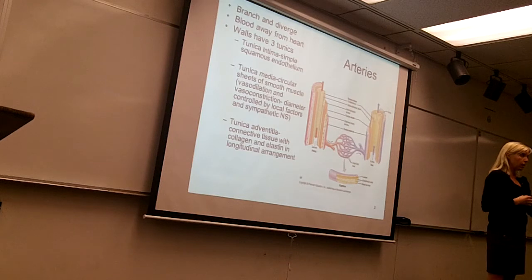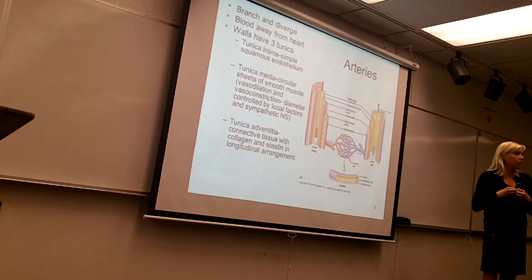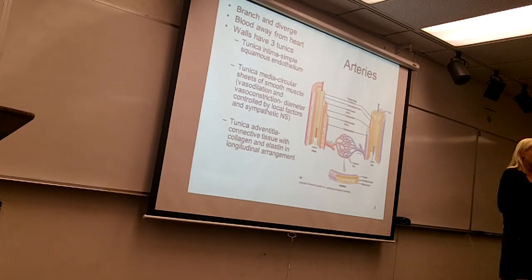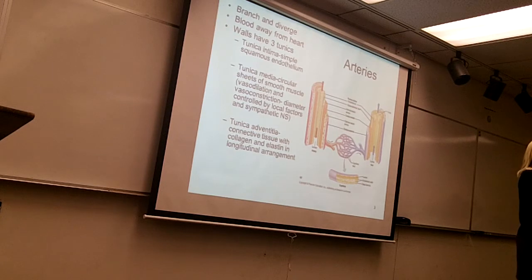And that means a greater force of contraction. So it's an intrinsic property of smooth muscle. With more stretch, we'll see more vasoconstriction. And this is important because it will be a way that blood vessels auto-regulate their blood flow.